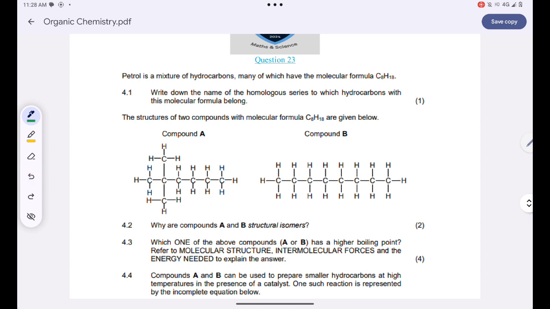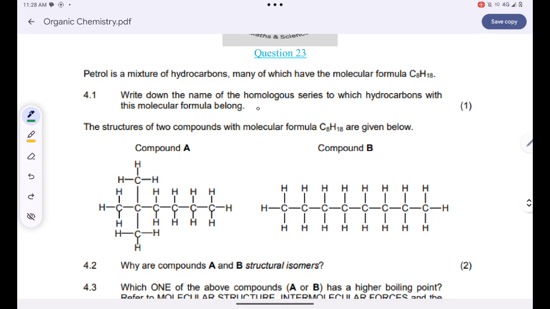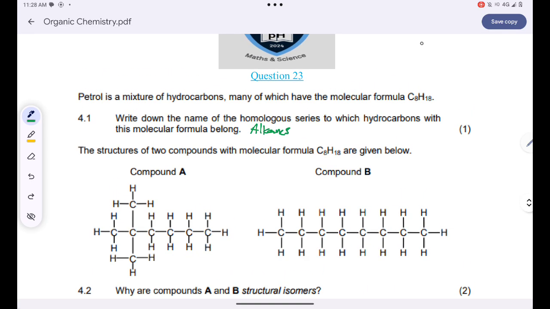Let's get right into it. 4.1: Write down the name of the homologous series to which hydrocarbons with this molecular formula belong. The homologous series is alkanes. The general formula for alkanes is CnH2n+2.